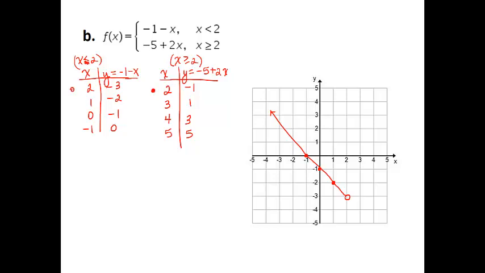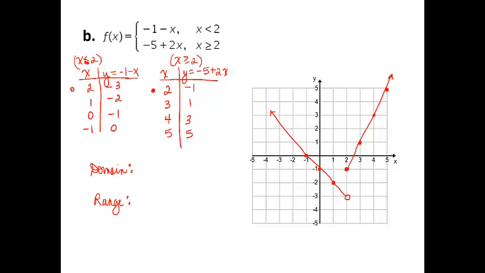Then I have 2, negative 1 with a closed circle. 3, 1, 4, 3, and 5, 5. And so whenever I graph that, I'll have that ray that's continuing there.